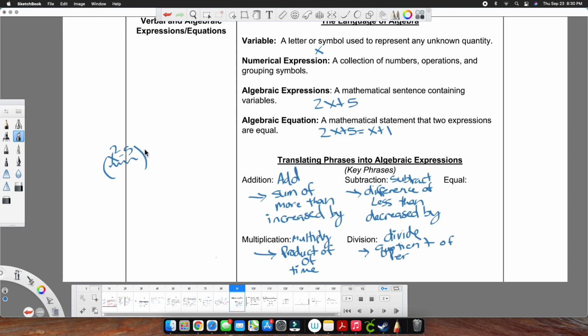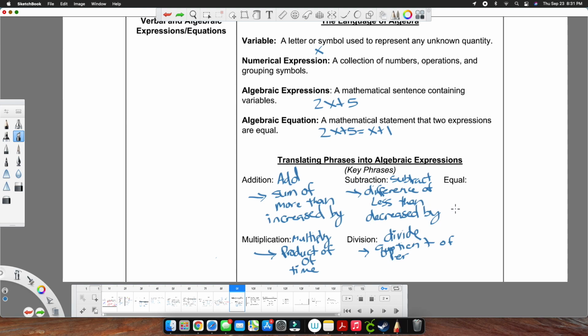Well, I wouldn't go minus 80, because what it's saying is this whole quantity that I just wrote out here is subtracted from 80. So you really need to be careful about the wording and make sure you're paying attention to that, because if I were to put it in the wrong order there, I'd probably end up with a negative where I should not end up with a negative, because I'm subtracting it in the wrong order. So just be very careful about the wording. Make sure you're listening to what it's saying.